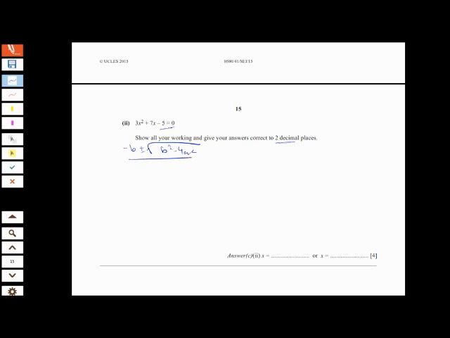Negative b, which is negative 7, plus or minus square root of 7 squared minus 4ac is negative 5 over 2, 3. So you simplify it and you'll end up with negative 7 plus or minus square root of 109 over 6.